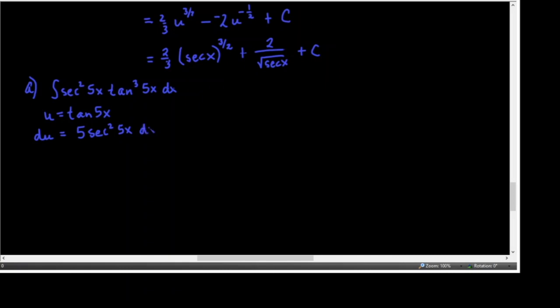Now if you notice, we have almost everything we need there. We already have the secant squared of 5x. We already have the dx. All we're lacking is the 5. So I'm going to multiply inside by 5 and outside by 1/5 so that I have every part of the du that I'm supposed to have.